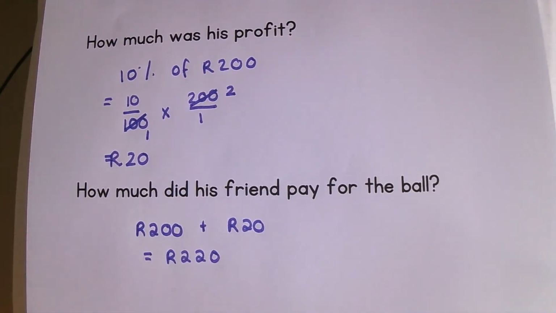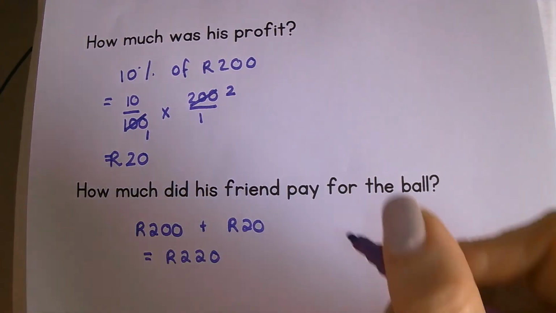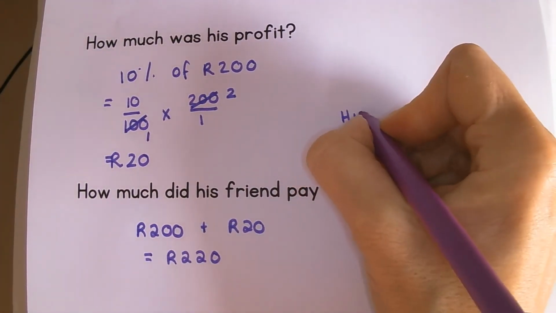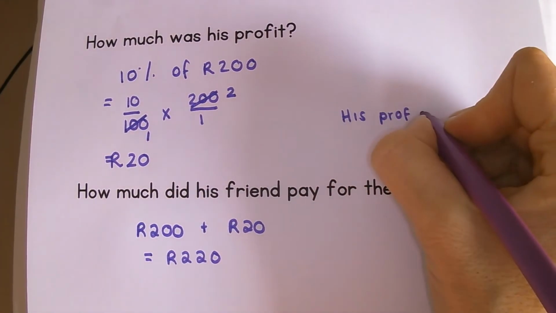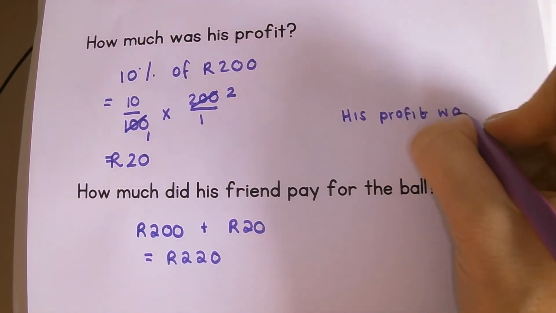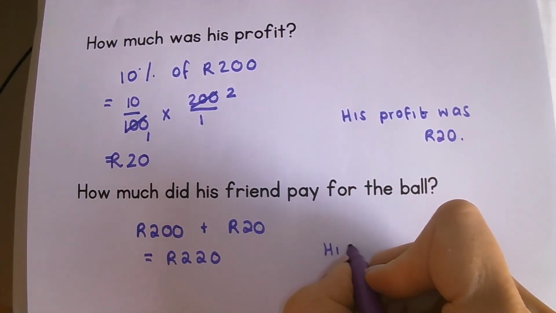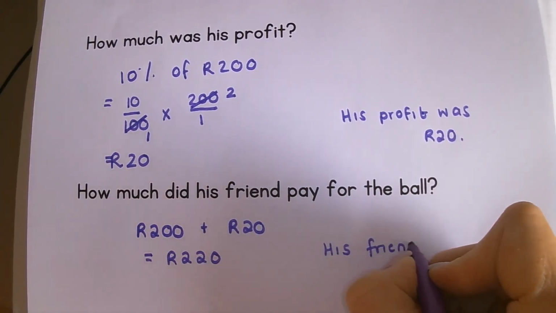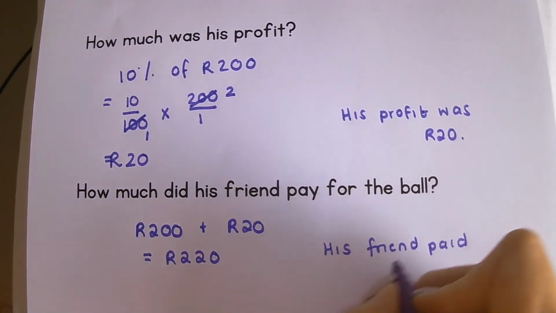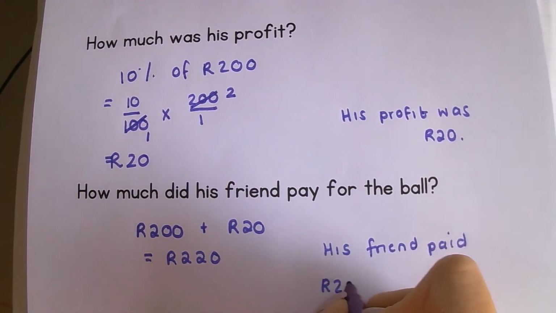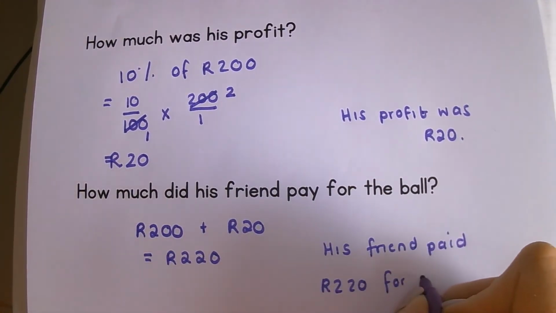And obviously you would have your closing number sentence saying his profit was 20 Rand. And for this one, you'd say his friend paid 220 Rand for the ball.